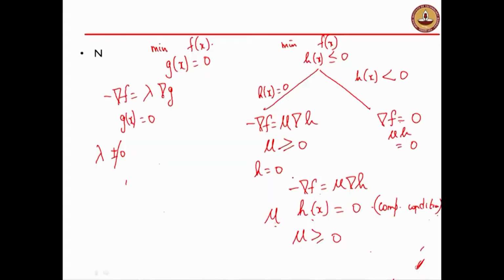When h is equal to 0, mu h is equal to 0, so you don't care. So in the case when h is less than 0, because mu is forced to be equal to 0, minus grad f becomes equal to 0. And when h is equal to 0, you have minus grad f equal to mu times grad h, and the last condition over here, the non-negativity condition on mu, forces the correct alignment of the directions of minus grad f and grad h. So they should be aligned in the correct directions.